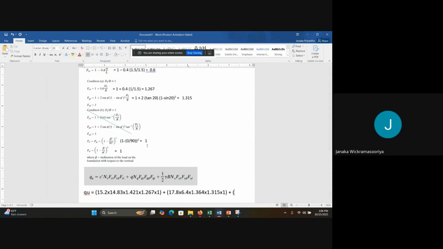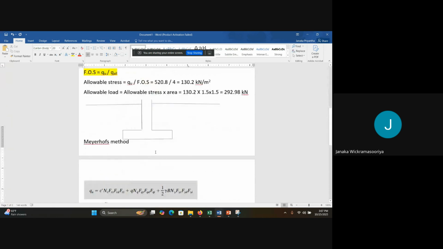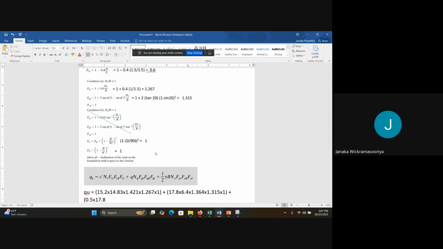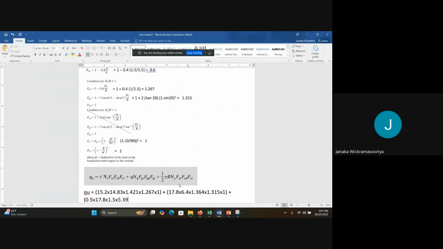Even though there are so many factors, most of the factors are 1. Then half, 0.5 times gamma 17.8, B 1.5, N gamma 5.39, gamma S 0.6, F gamma D 1.